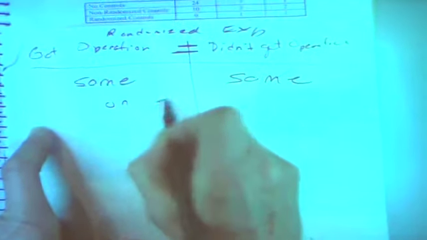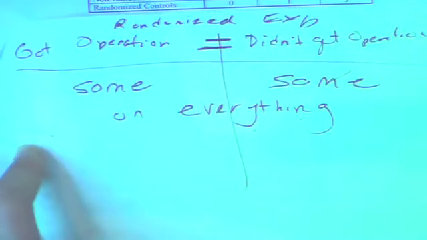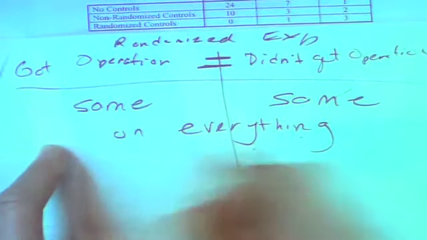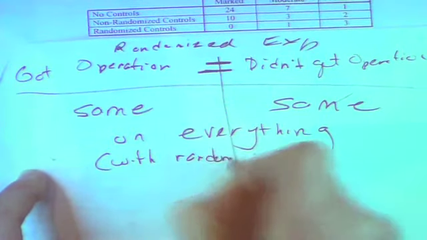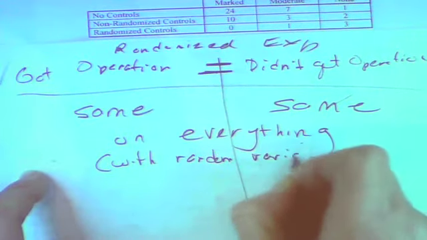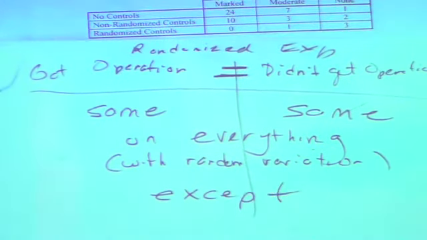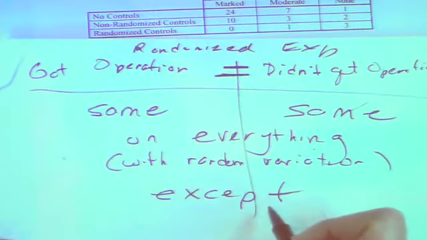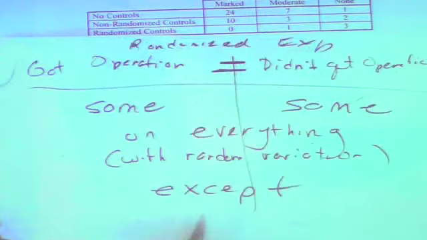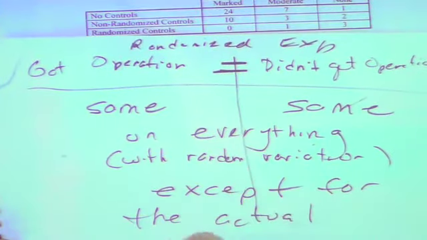Same on everything, within accidental differences, within random variation, except for one giant exception. Except what? This group is going to get what? The treatment. Except for the actual treatment.